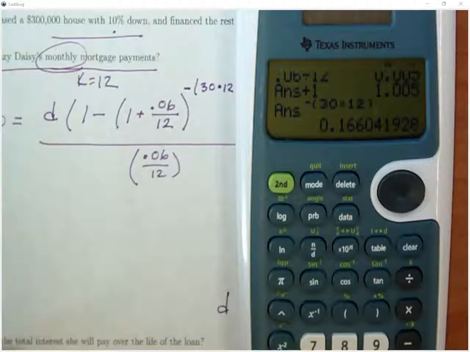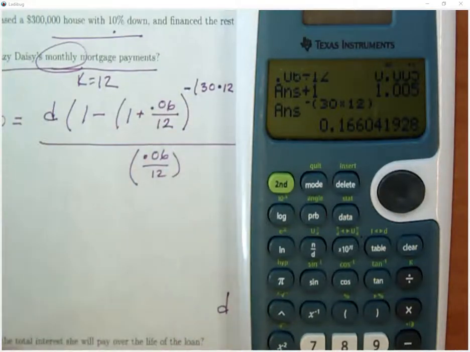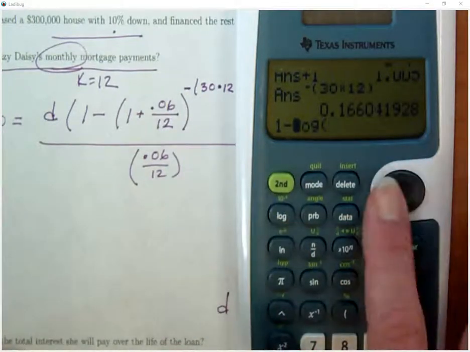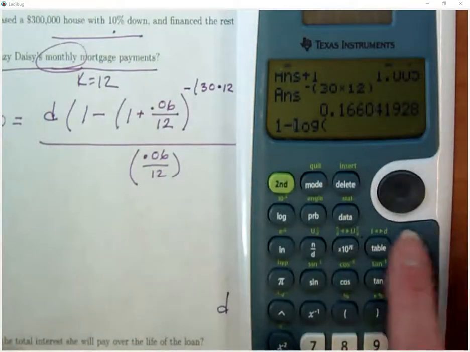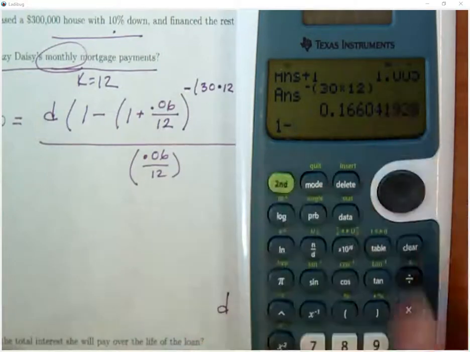So I get 0.16604. Then that's what all this is equal to, so now I need to subtract that from 1, so I'm going to do 1 minus second answer.